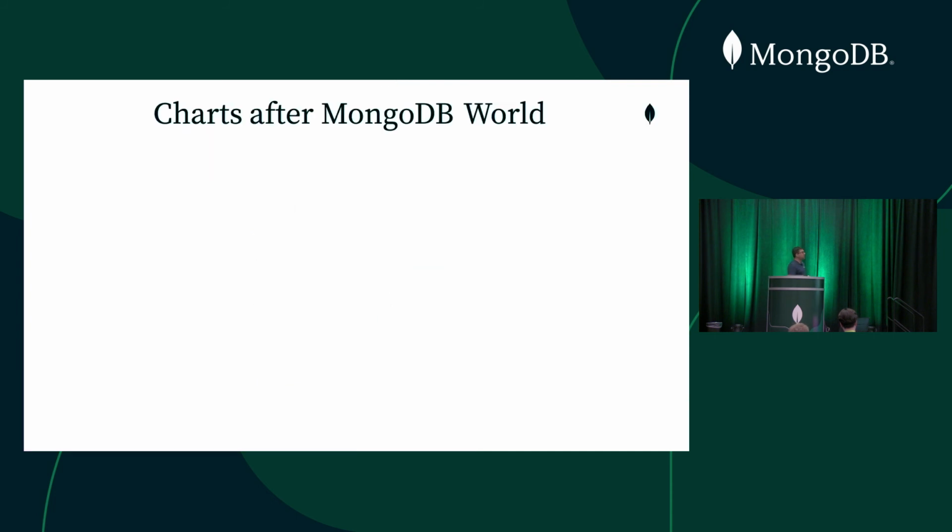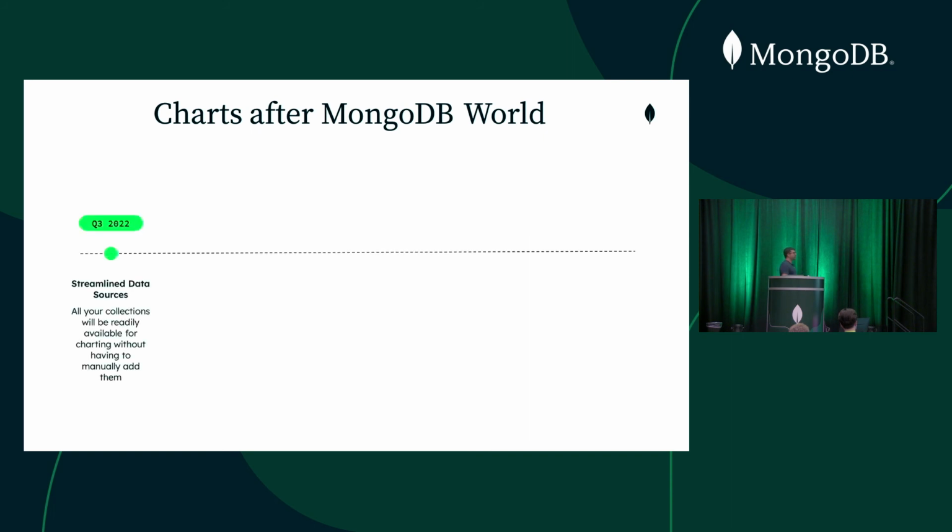Okay, cool. So what's new with charts after MongoDB World? Streamlined data sources, which I just talked to you about, is coming out in quarter 3 of this year. Then we will also allow you to use serverless and online archive sources.